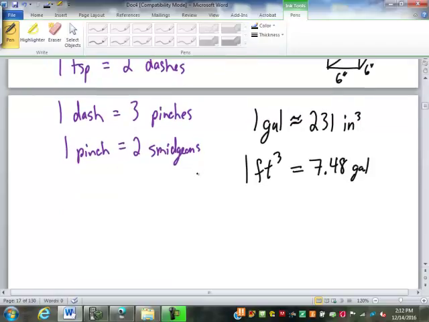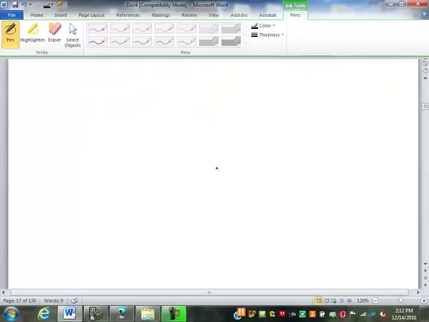Okay, so then let's take a look at our next set of units. We're going to deal with units of weight and mass. To talk about weight and mass, again, kind of like volume and capacity, I need to talk about what the difference is between them.